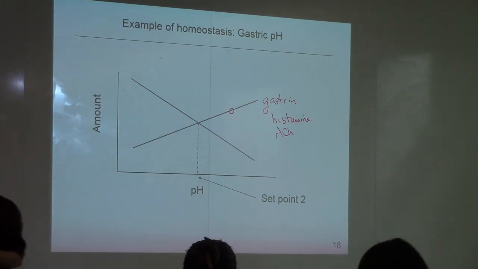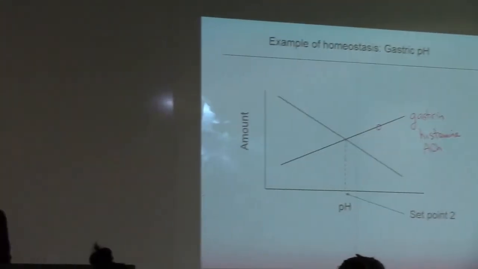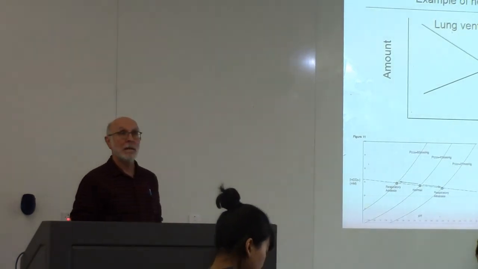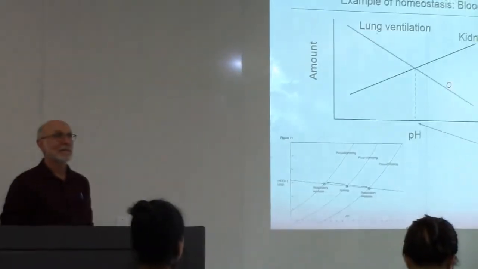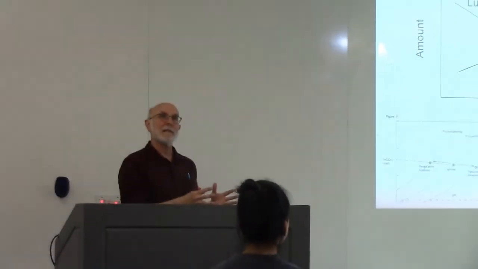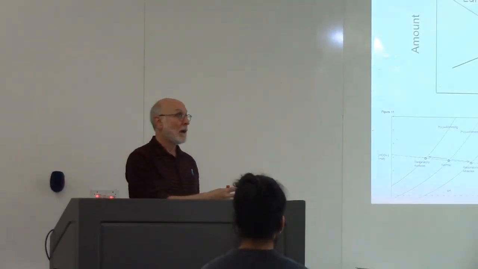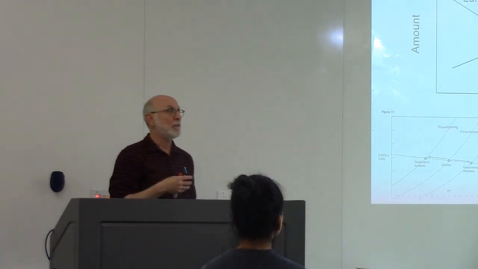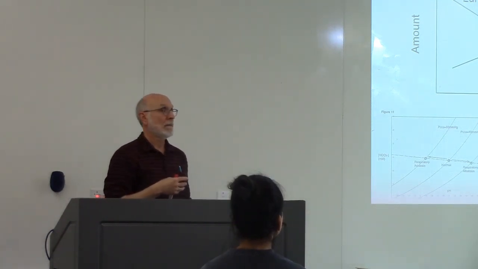But remember that gastric pH affects blood pH. So the digestive system, the respiratory system, and the renal system are all talking to each other with regard to blood pH. Did I just say stuff that rings a bell?